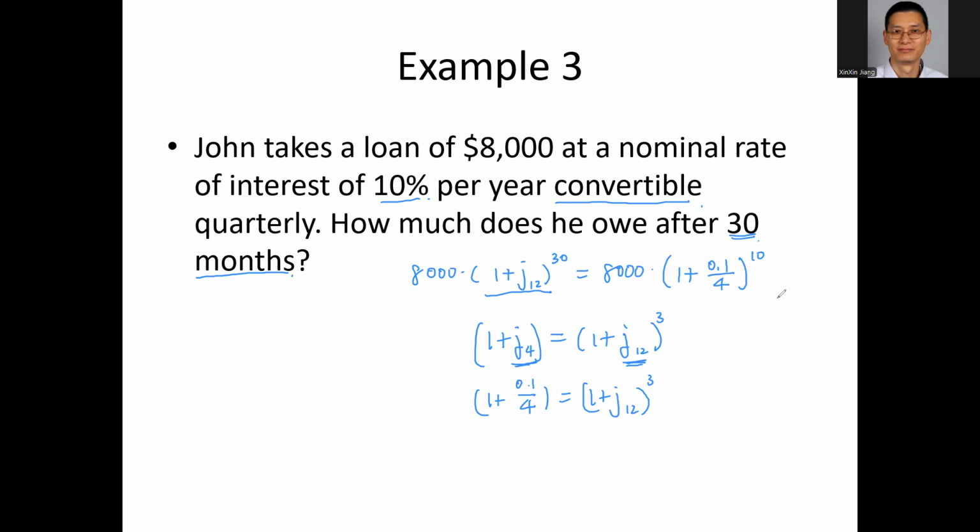Or you can say 30 months is basically 10 quarters. This is the quarterly effective rate, and this is the total number of quarters in 30 months. All right, you can find that.